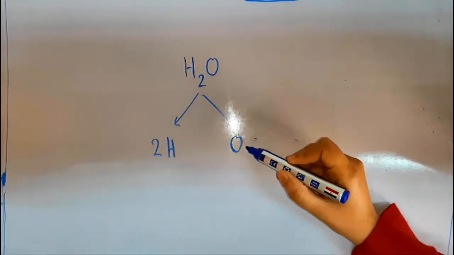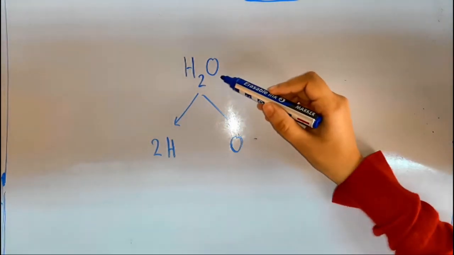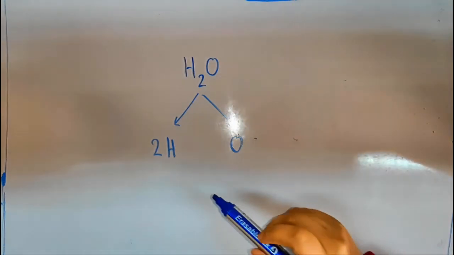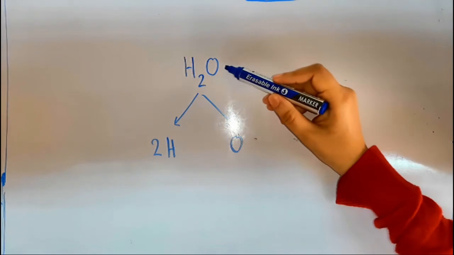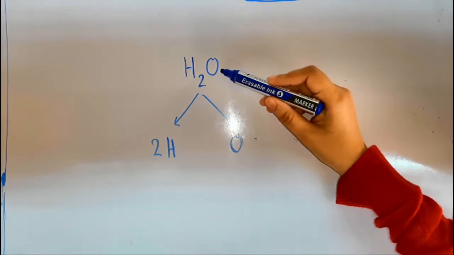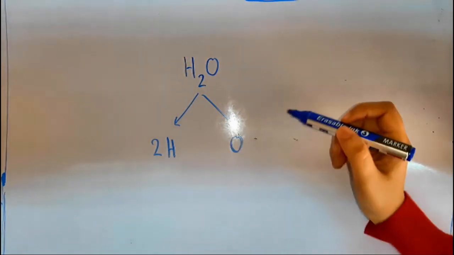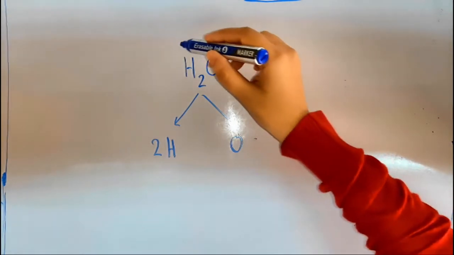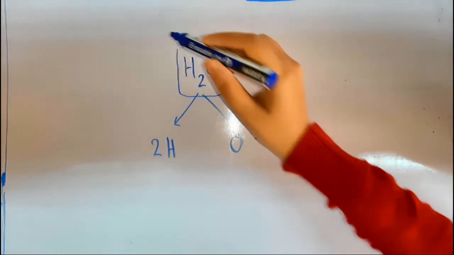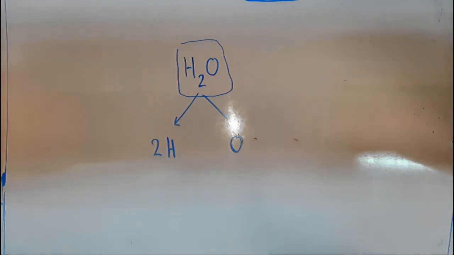The oxygen atom doesn't have the properties of water, and also the hydrogen atom doesn't have the properties of water. Both of them are gas, but water is a liquid. So the molecule has the properties of matter, but the atoms don't have the properties of matter.